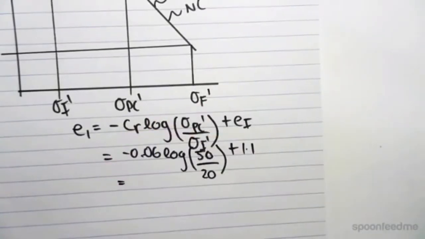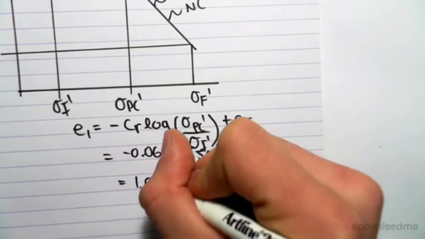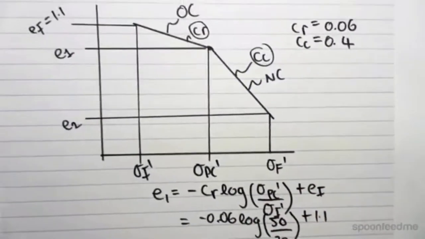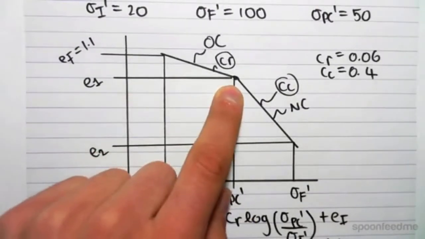If we work this out, minus 0.06 log of 50 divided by 20, plus 1.1, we get 1.076. So the voids ratio at E1 is 1.076.